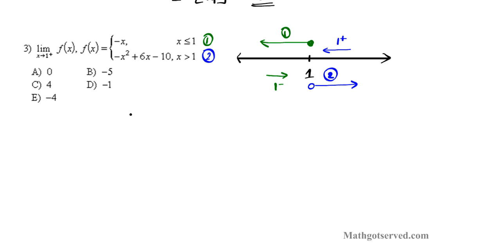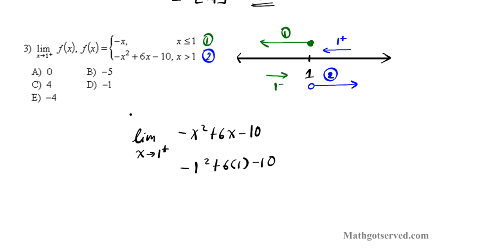So this whole limit is basically going to become the limit as x approaches 1 from the right of the function to the right of 1, which is negative x squared plus 6x minus 10. And then we can go ahead and plug in the 1. We don't need to consider the sign anymore. Just plug in 1. So you're going to have negative 1 squared plus 6 times 1 minus 10.